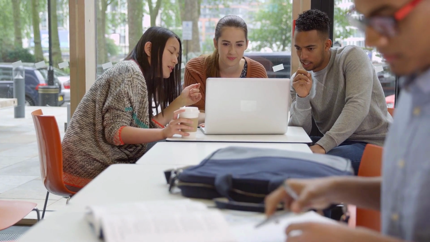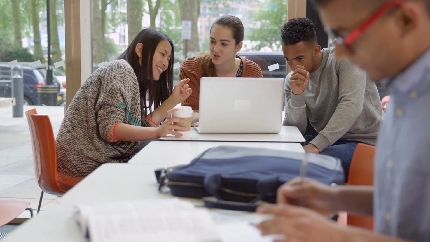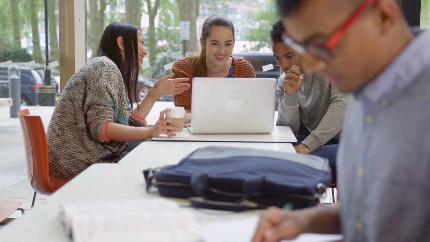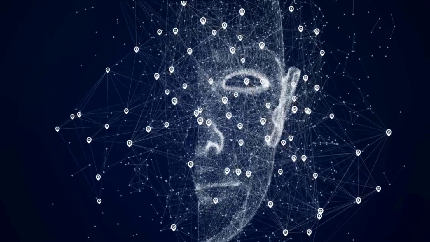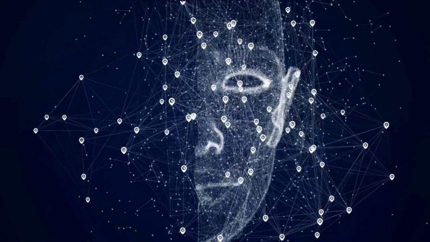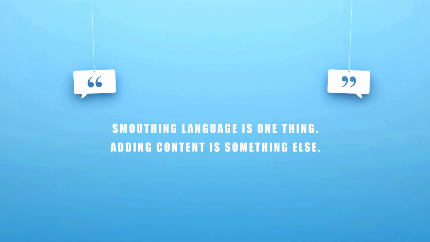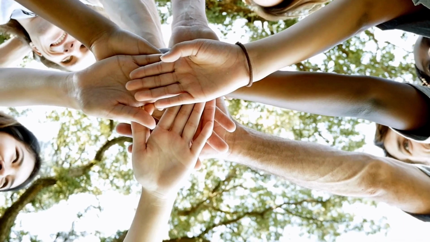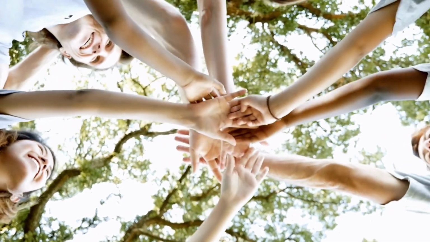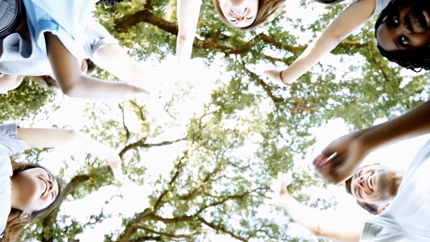Just be sure to double check that the output result does actually include everything in the original copy, and that nothing has been erroneously added by the bot. So smoothing language is one thing, but adding content is something else. Again, you and your group members are ultimately responsible for the integrity of what you are turning in. So just be careful here.